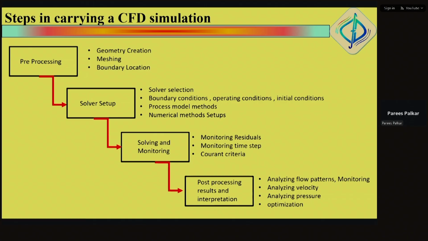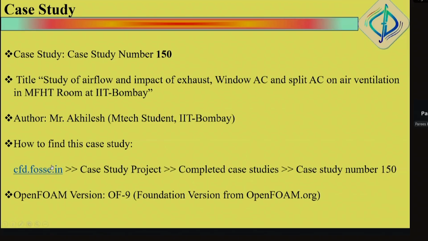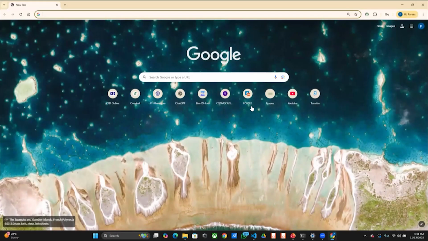We can do that just by post-processing the data that you have simulated, provided you have done all three things correctly. If you have fumbled in applying an appropriate solver, it is expected that you won't get the results that you are expecting. Okay, so this case study, you can go on FOSSEE, I'll show you.